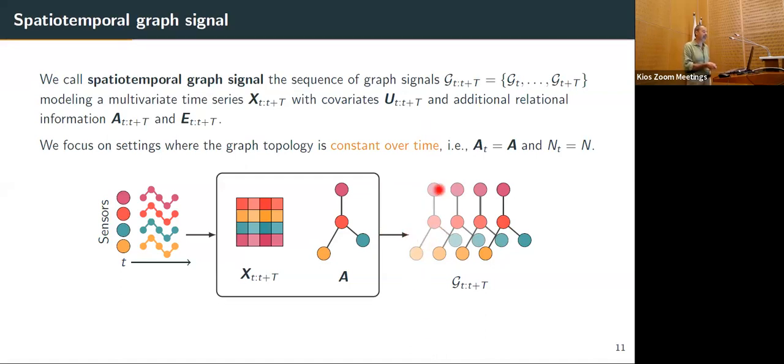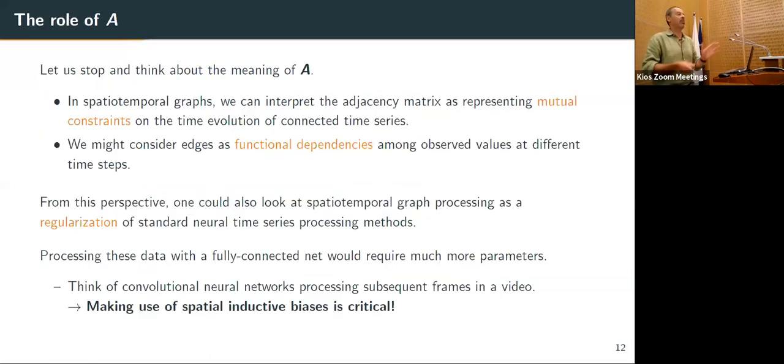Let's look at this one. At a time t, each sensor is generating a vector, which is the readout of the sensor at that time. If my sensor is a camera, I take a picture at time t.